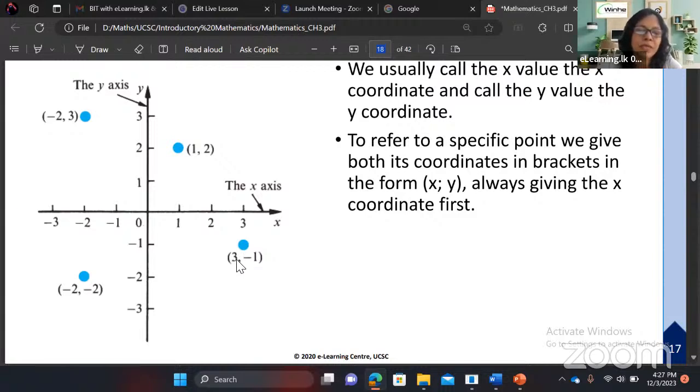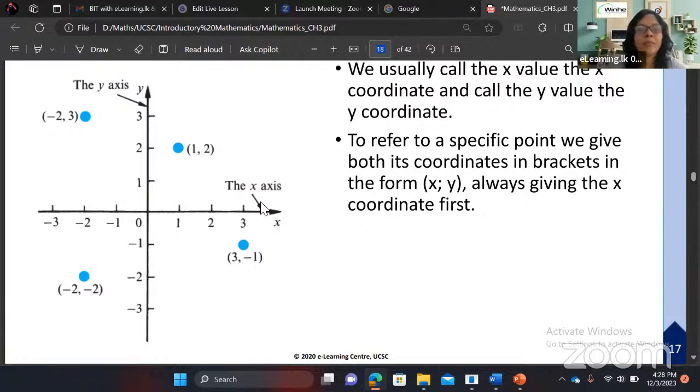So now you should know the form in which we represent each point. We represent each point as a coordinate. Coordinates are written as x, y. The x coordinate is written first and then we write the y coordinate. If the coordinates are given, that means the x coordinate and y coordinate are given respectively, right?